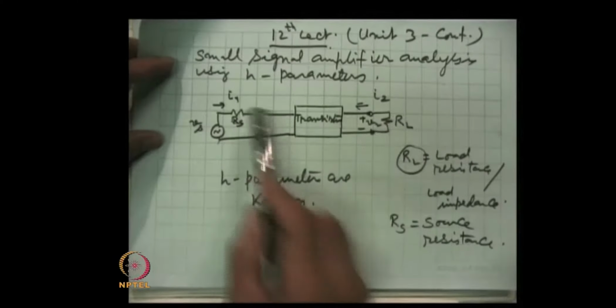So, in this pi model which we have arrived at, now the transistor will be replaced by this, and we have to add this part and this part to that pi model. So, what we get is this.